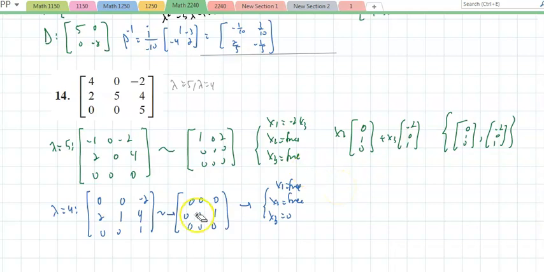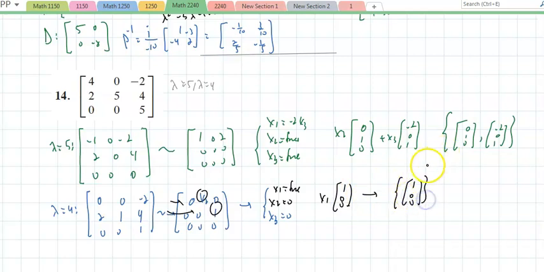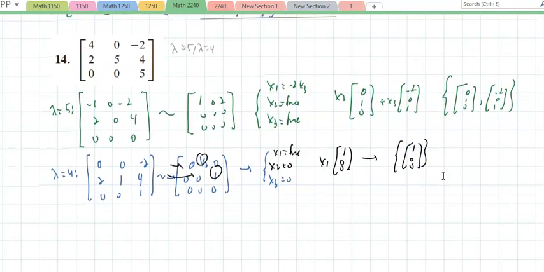Actually I messed up, that's a 1/2. My mistake. I was wondering what I did wrong. x2 is 0 and x1 is free. So it's x1 times 1, 0, 0, which would be the basis for that eigenvector.